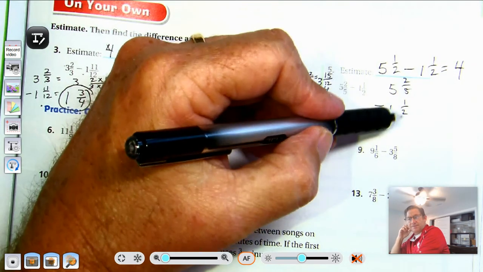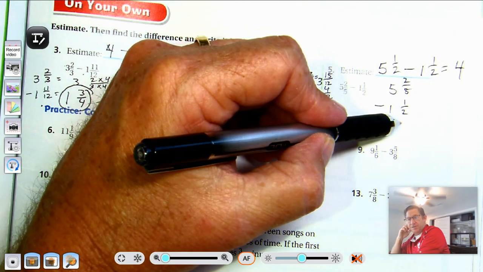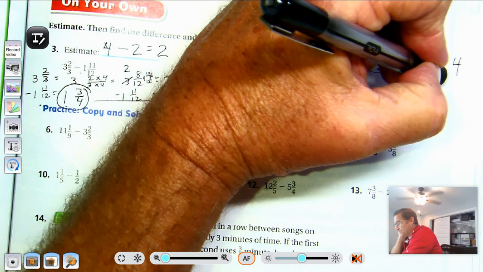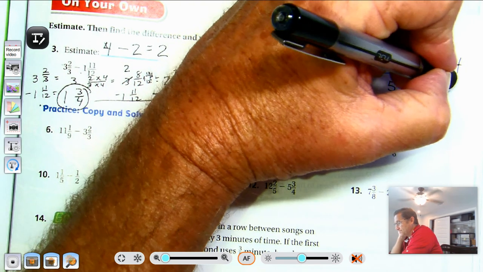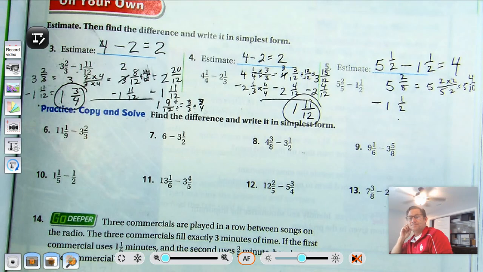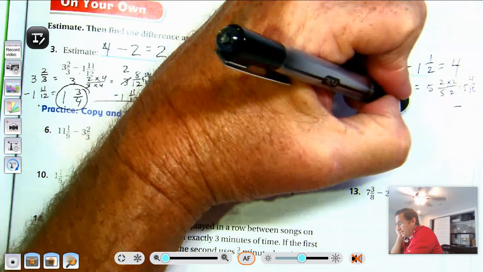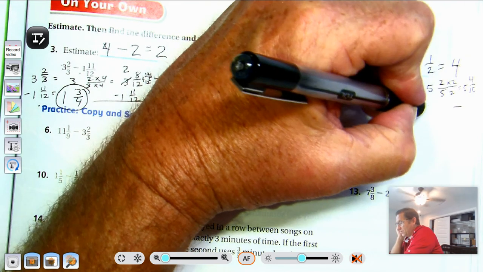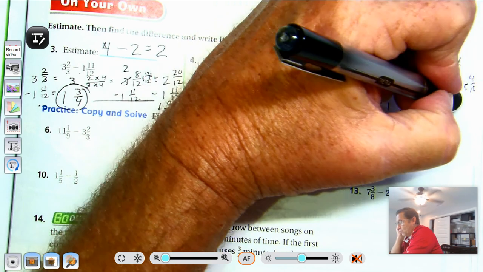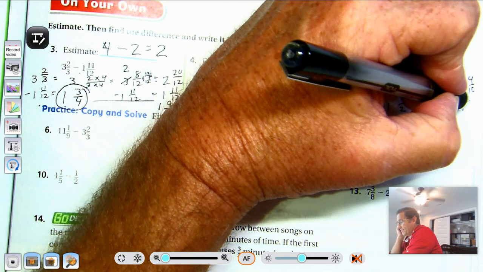Well, let's just multiply the denominators to each other. So 5 times 2 equals 5 4/10. And 1 1/2, we're going to multiply by fifths, which is going to give us 1 5/10.